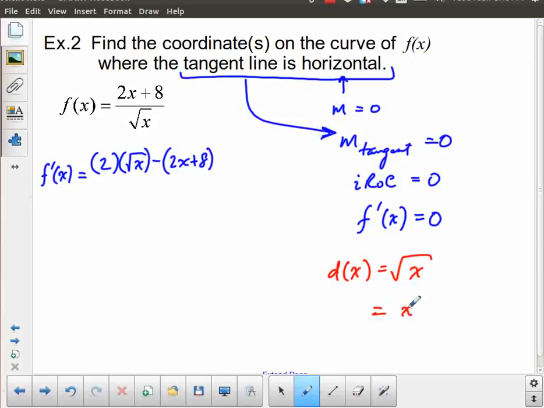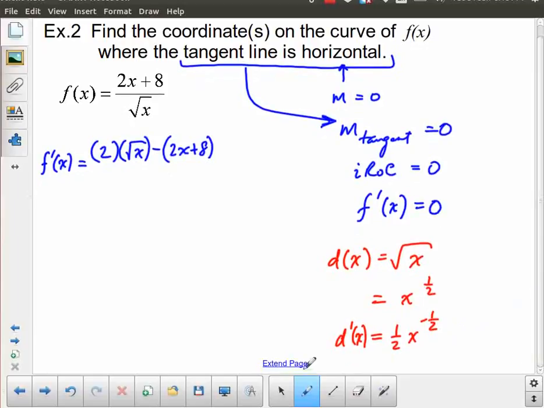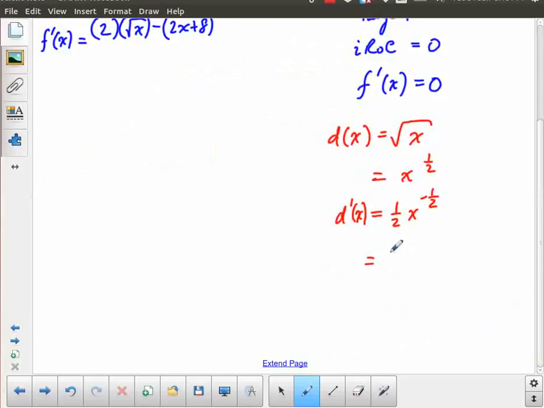Square root of x is the same as x to the power 1/2. And so that derivative, d prime of x, is going to be 1/2. I bring the 1/2 down, x, and now I subtract 1 from this exponent, and that's going to give me x to the negative 1/2. And you might write that in a more simplified form. That's the same as 1 over 2 root x.